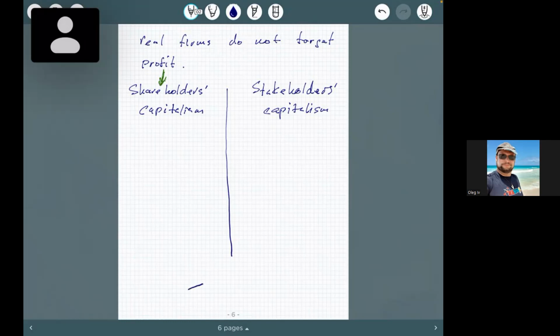Now, shareholders see this as firm. Okay, well, I actually can have one graph and just two colors explaining what are the differences. So I got firm. This is the firm.